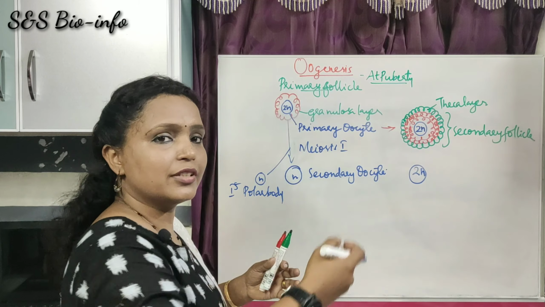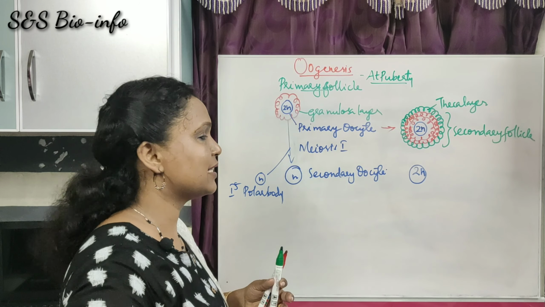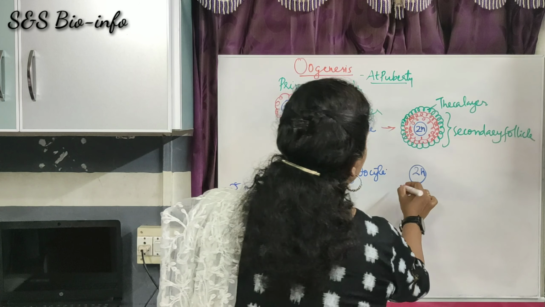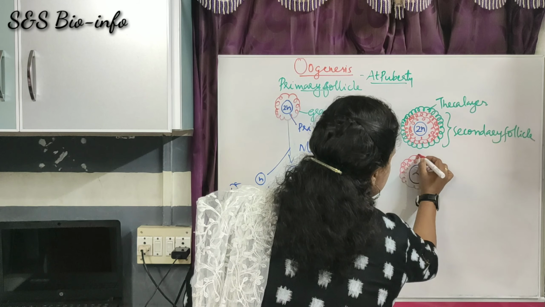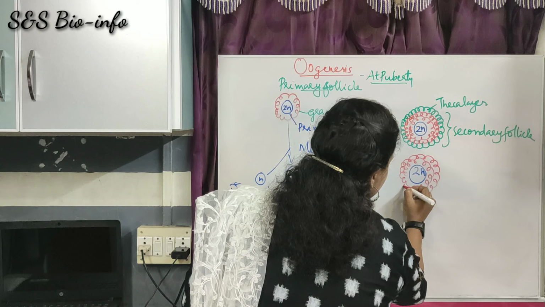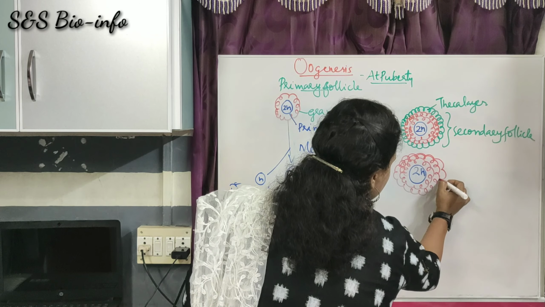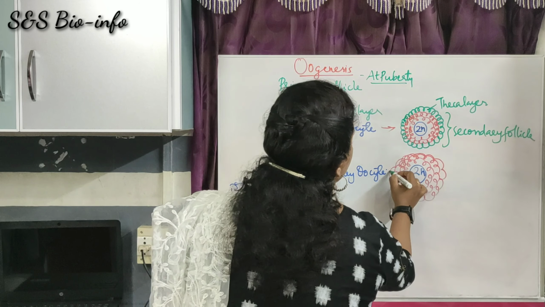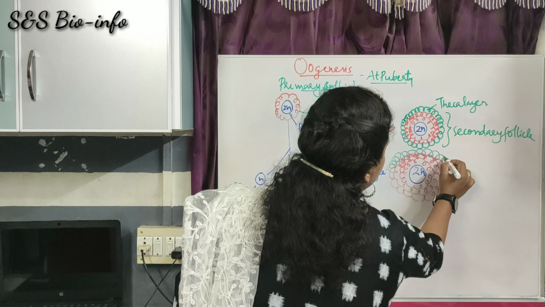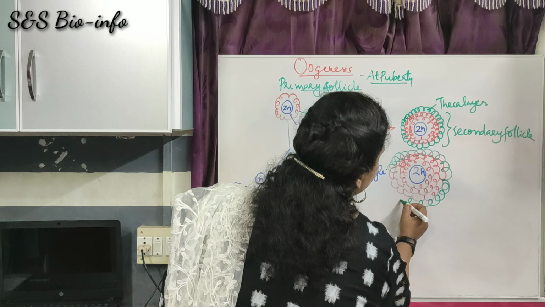The primary oocyte is developing as the secondary oocyte. Then more granulosa cells with theca cells, then theca externa, theca interna.